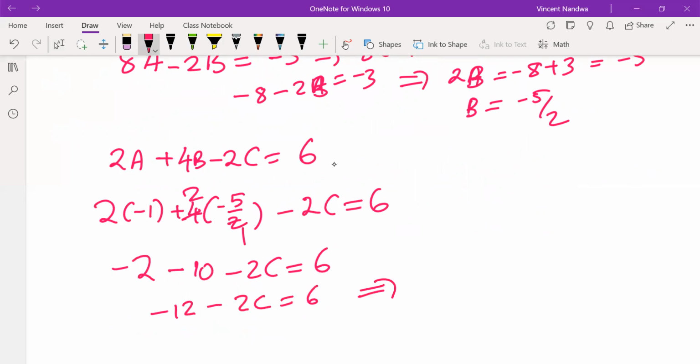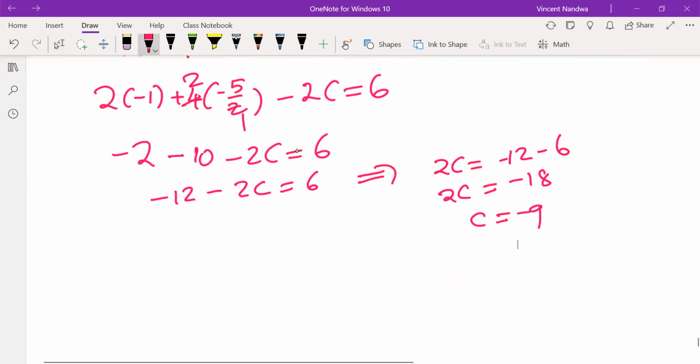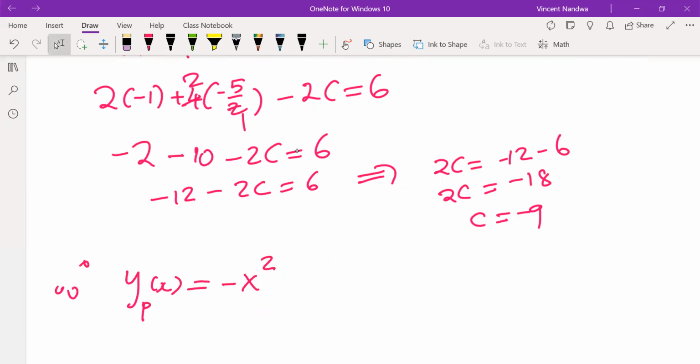So which means 2c equals minus 12 minus 6, 2c equals minus 18. So c equals minus 9. So therefore, the particular solution: our a is negative 1, so it will be negative x squared, our b is minus 5 over 2 x, and then our c is minus 9.